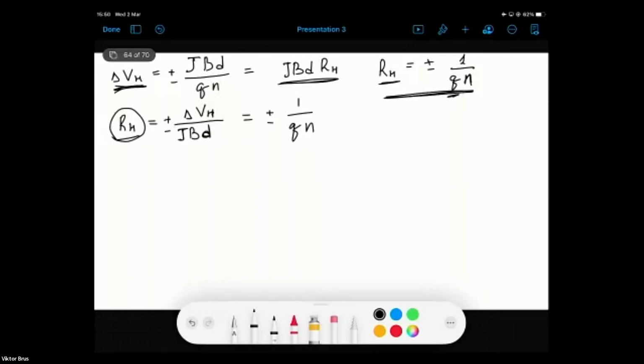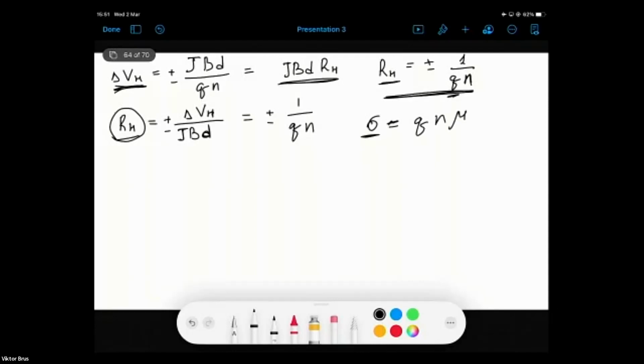Now, if we know concentration of charge carriers, we can proceed further and determine also mobility, because we remember that sigma is proportional, or actually we can write it's equal to Q times N times mu.